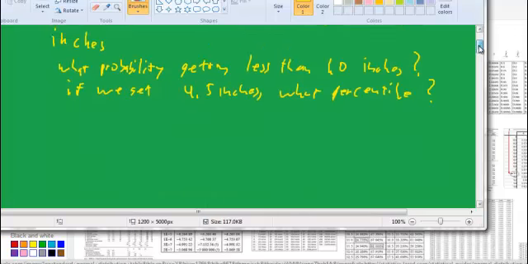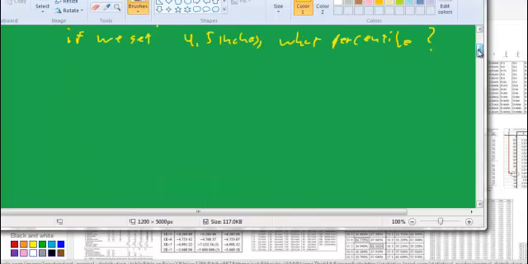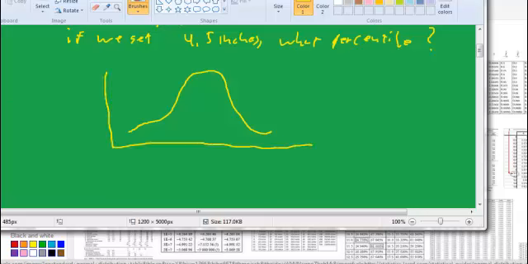So if we're to draw this on the normal curve, one of my wonderful drawings here, what we're showing on the vertical axis is sort of probability, and on the horizontal axis we could have the inches of rainfall, and if this is my mean, there's 3.0.